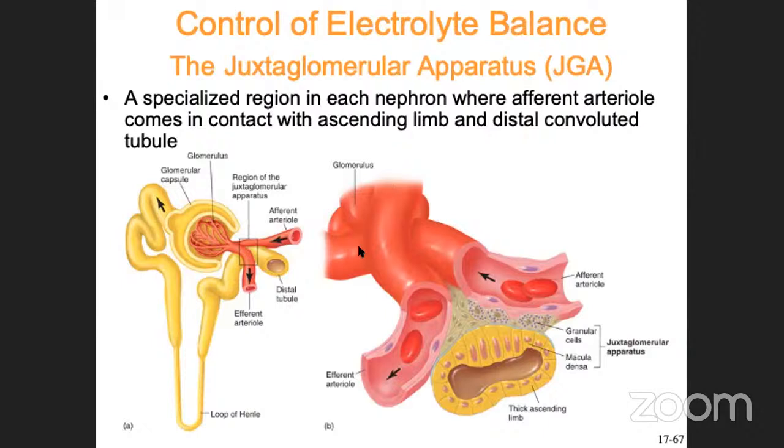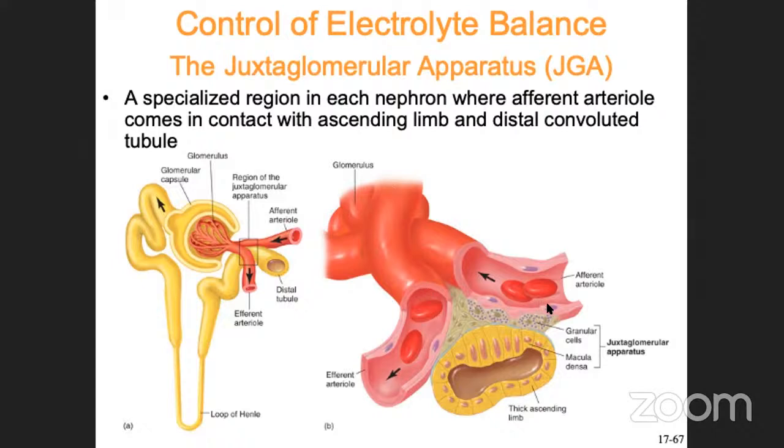Okay, this is where they are combined together at the same location. Now, this is not frequent. Some of these we can find, but most nephrons are not like this. But this is important for regulating electrolyte balance. You can see the clear structure of the glomerulus on the right hand side.